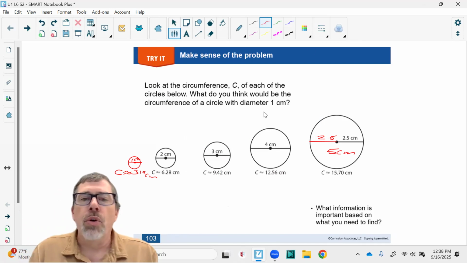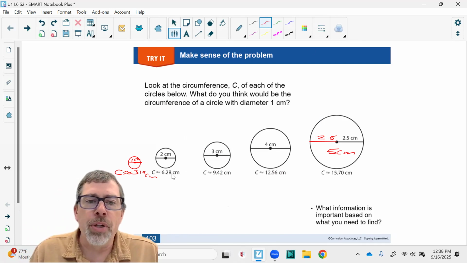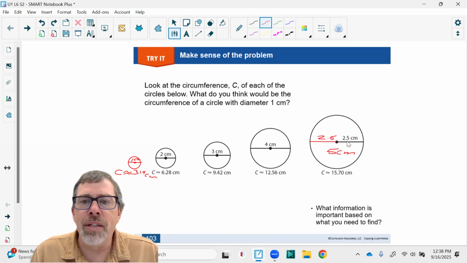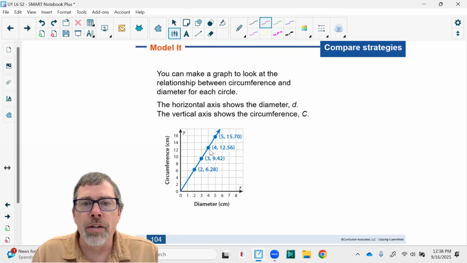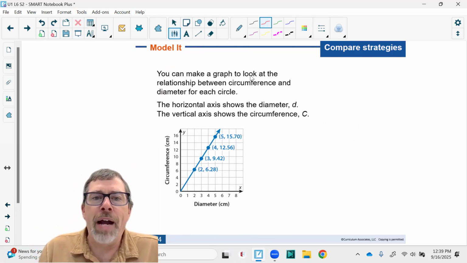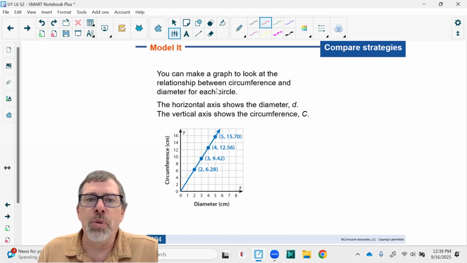So 2 comma 6.28, 3 comma 9.42, 4 comma 12.56, and finally 5 comma 15.70. And that's what these points are here. Diameter, circumference, diameter, circumference. So you can make a graph to look at the relationship between them.